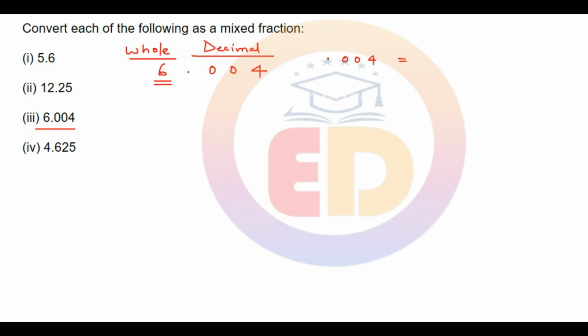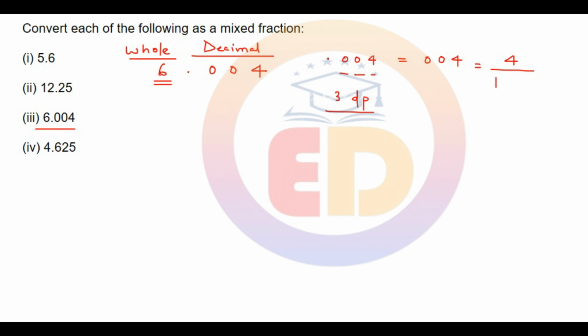For this, first of all, count the decimal places. Decimal places are the digits after the decimal point. Here there are 1, 2, 3 digits after the decimal point. So we say there are 3 decimal places. Now since there are 3 decimal places, first of all, write down this number 0.004 without the decimal point. It will become 004. Now remember, 004 is actually only 4. So my number 004 will become 4, and now go to the denominator and place 1.